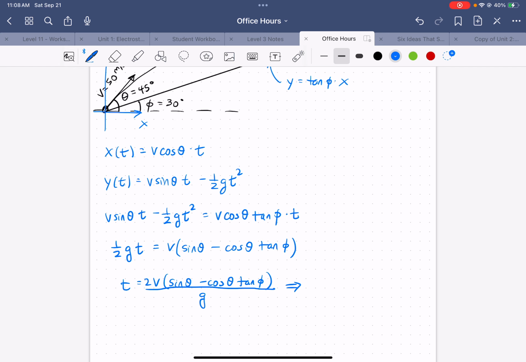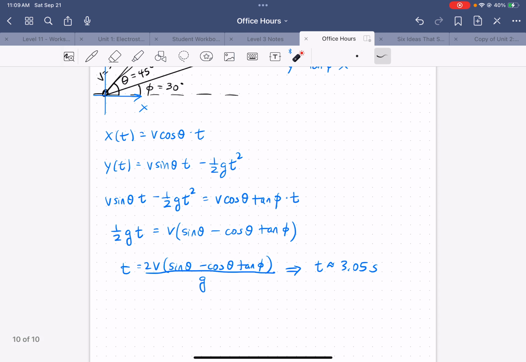Okay, so now we know the time when this thing lands, so we can just plug that into these two equations here and find the x and y position of the object, and then we can use the Pythagorean theorem to solve for the distance along the incline. Let me give this a different name here, I'll call this t sub land.